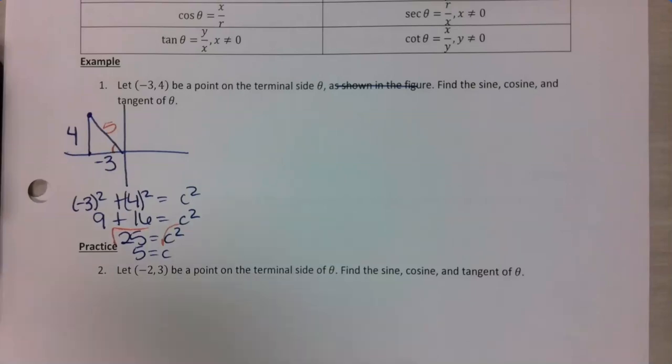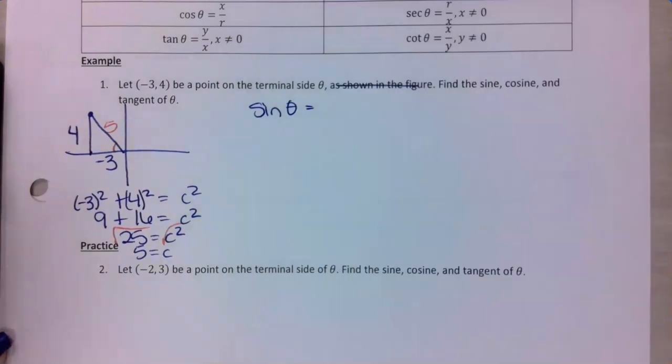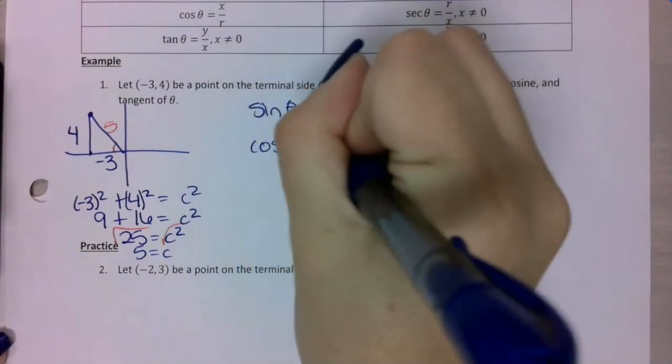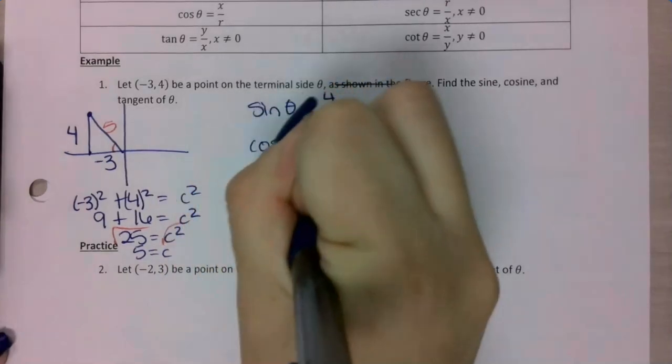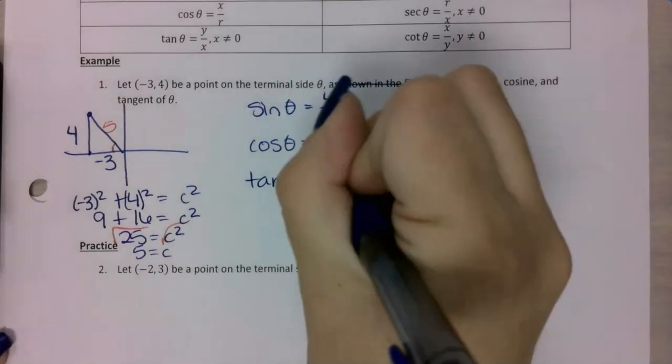So now I want to find my trig functions. To find sine of theta, what is this going to be? What's my opposite side? 4 over 5. Cosine of theta? Negative 3 over 5. Tangent of theta? Four over negative 3.